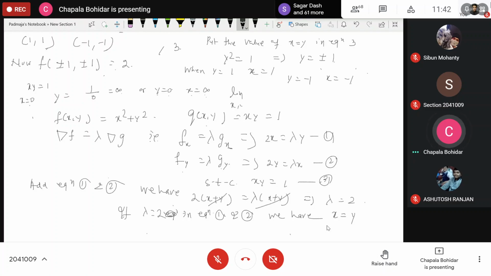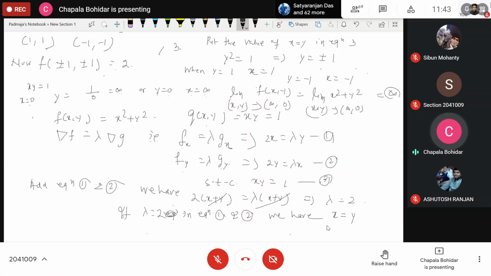The function f(x, y) is x square plus y square, and the limit as x, y tends to infinity, 0, we get infinity.